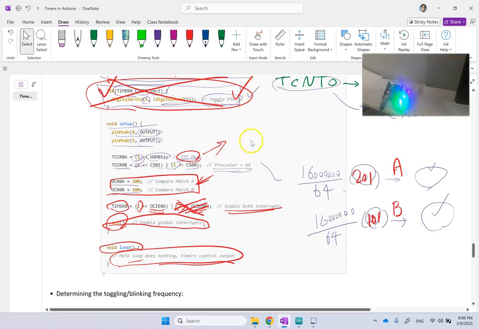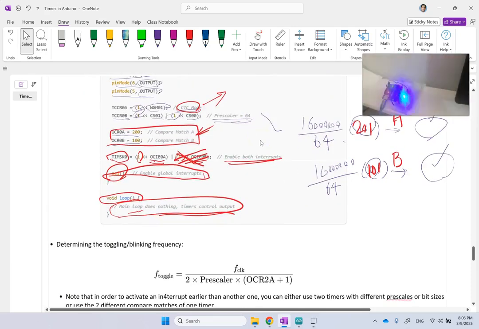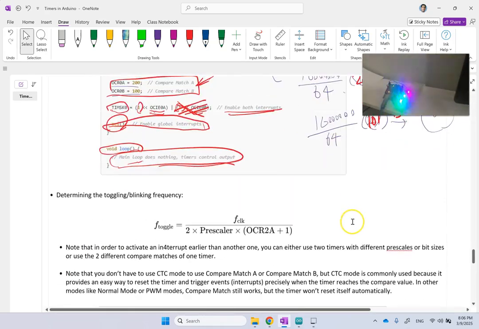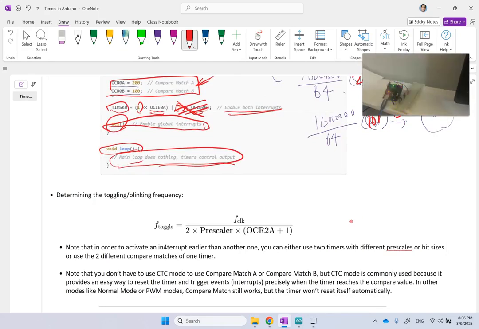Okay? Now, if you want to have a very accurate toggling or blinking frequency for your LEDs, this is your formula. The toggle frequency is going to be your clock, that's 16 million in the case of Arduino Uno, divided by the prescaler. This is to slow it down, so let's say 256. Divided by 2. Why 2?